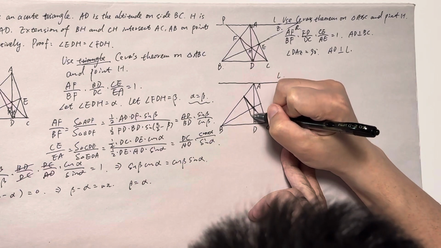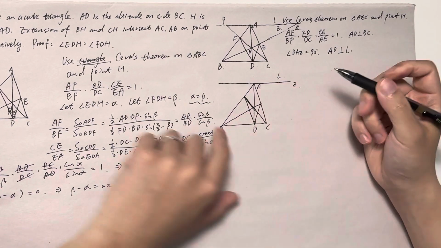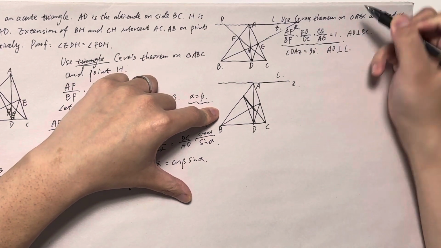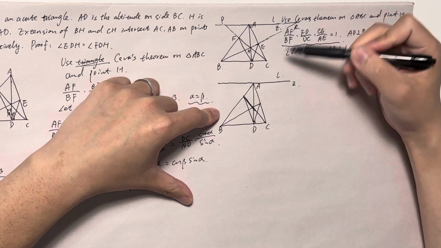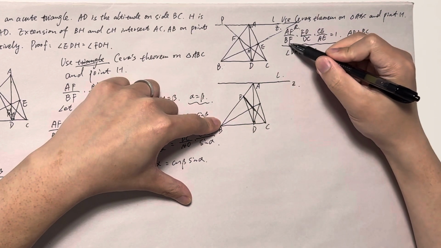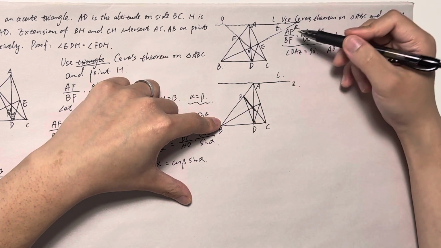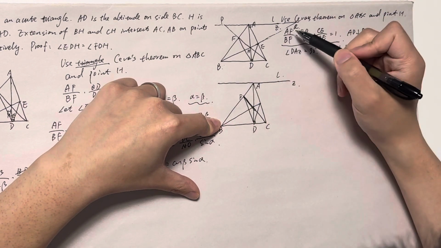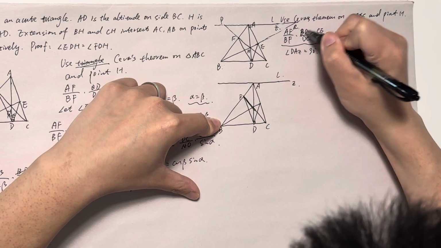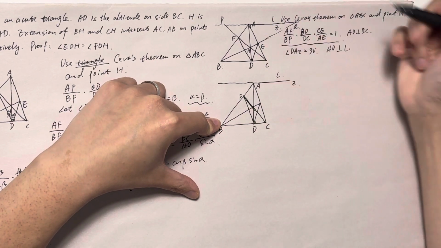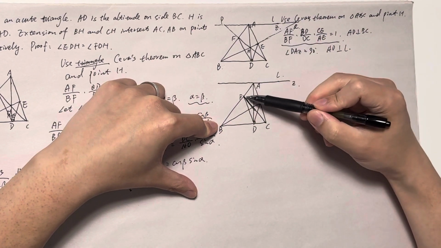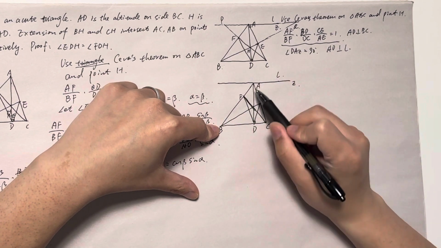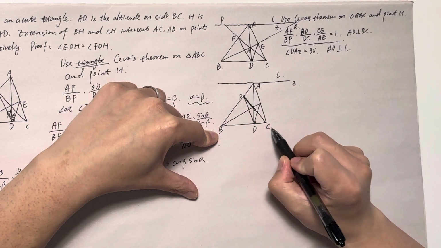So the idea is what? We have this equation that is valid, and from AF to BF, we want to find some relation with BD. This should be BD divided by DC times CE divided by AE. So we have the ratio of AF to BF, and we want to find it to be correlated with BD and DC, right?